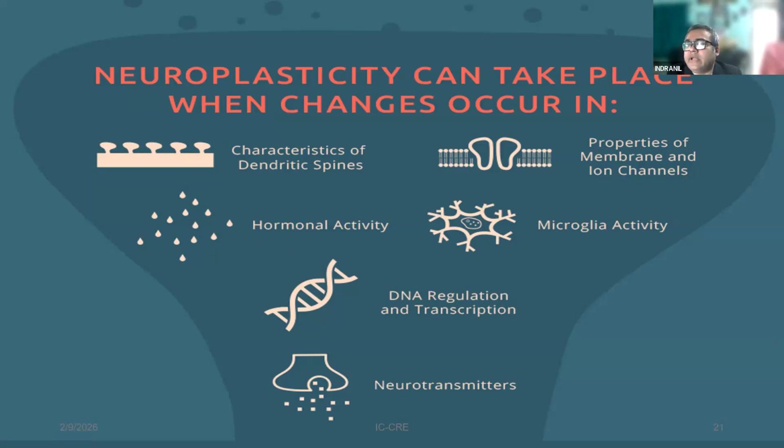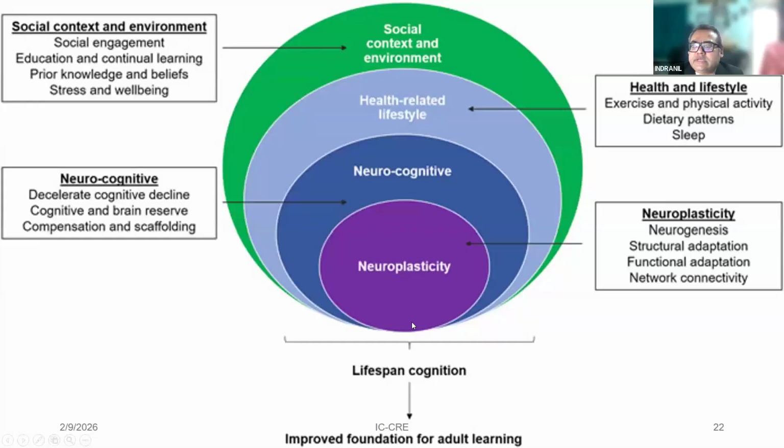We know that Watson and Crick got the Nobel Prize after the understanding of the double helical structure of the DNA. And also we have to understand the neurotransmitters, how they function and how they balance when there is a stimulus. So this is the lifespan cognitive level, how lifelong learning takes place. We are learning throughout our life.